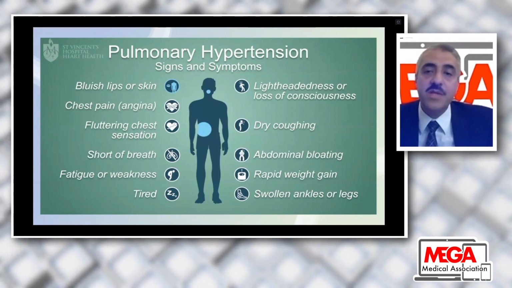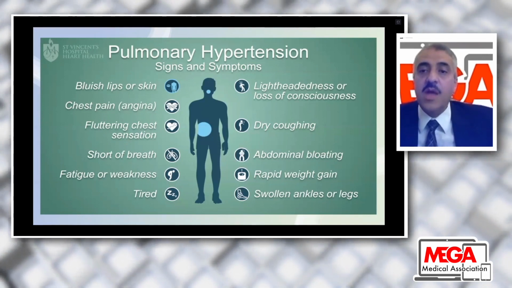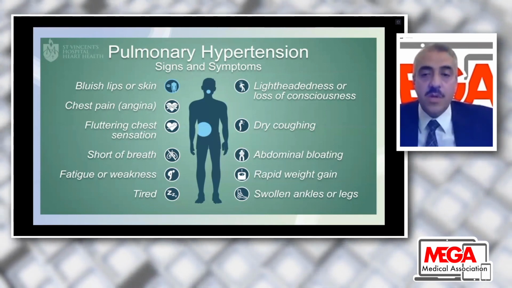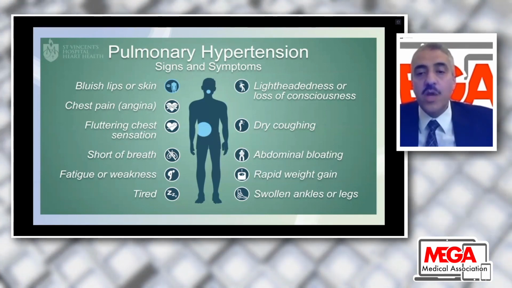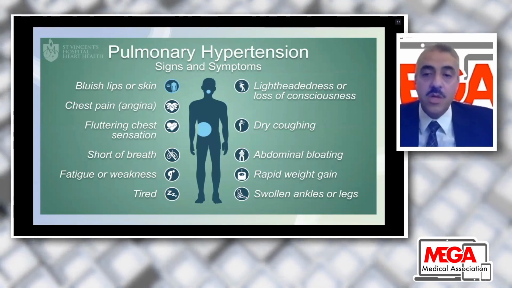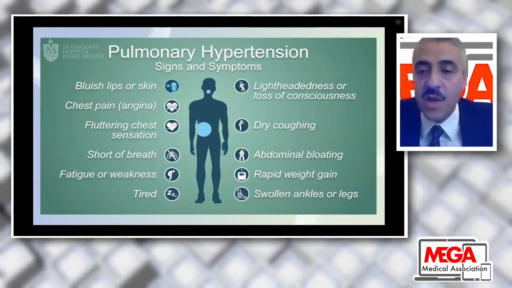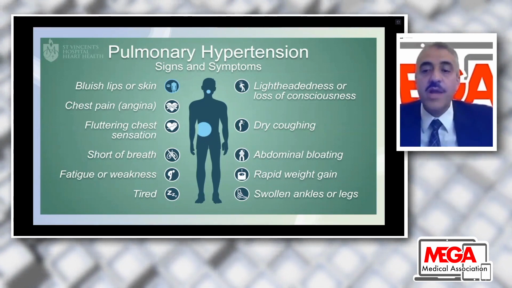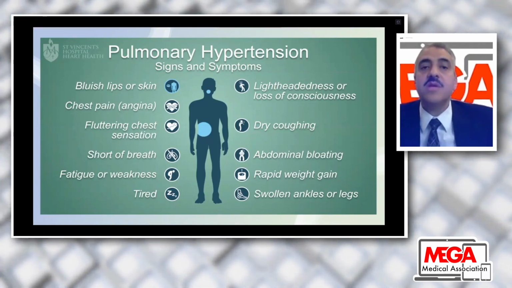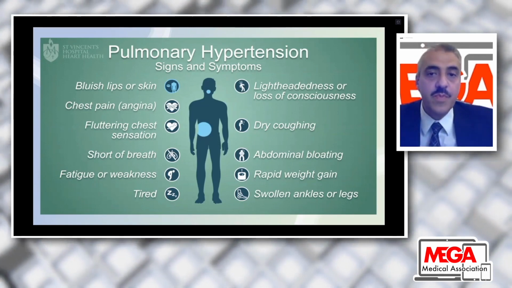Patients usually complain of tiredness, lightheadedness and near syncope. Dry cough is common. And if the patient starts to go into right ventricular failure, there will be abdominal bloating, rapid weight gain, and swollen ankles or legs. These are the usual clinical findings in pulmonary hypertension.